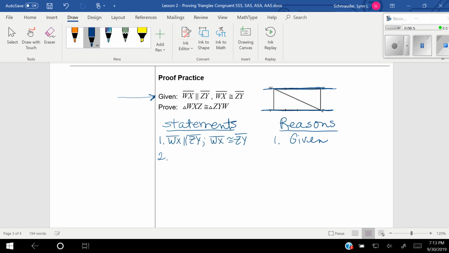So what I'm going to do is think of WZ here as a transversal, which it is, right? WZ is a transversal. So the fact that these two lines, WX and ZY, are parallel tells me something about some angles. Remember all those theorems we had related to parallel lines? Well, one of them was the alternate interior angles theorem.